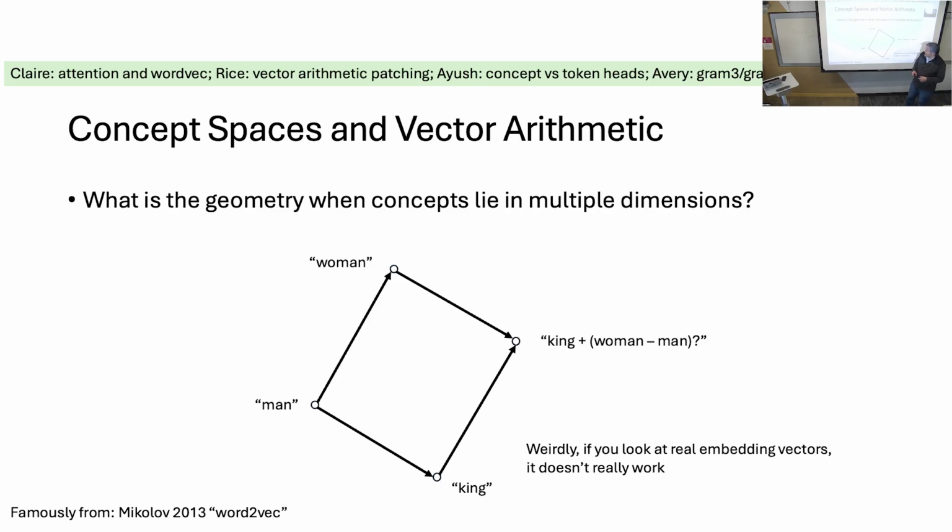Like if you take the vector for man and the vector for woman, it makes this vector difference between them. And then if you take the vector for king and you add that vector difference, you get king plus woman minus man.